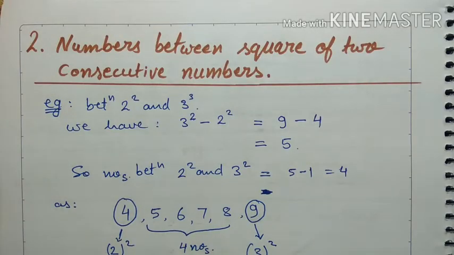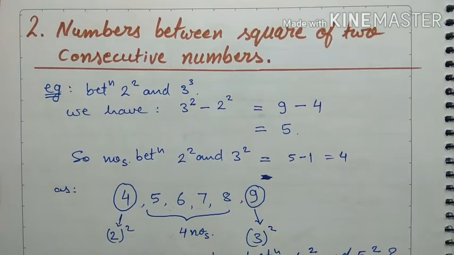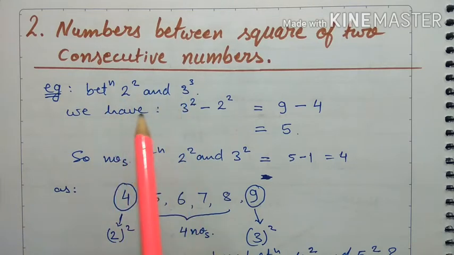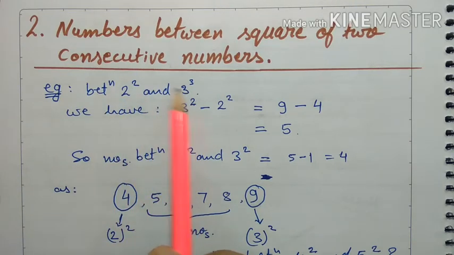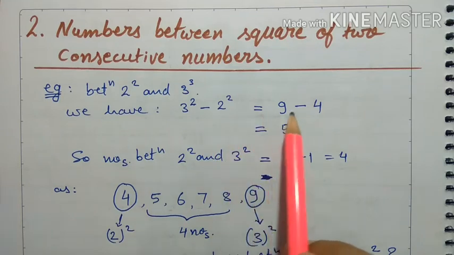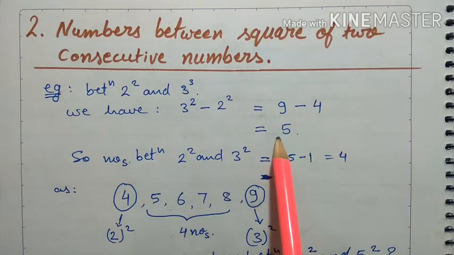This is the second pattern: the numbers between the squares of two consecutive numbers. Before starting this, let's take one example. How many numbers are there between 2 square and 3 square, which are two consecutive squares? We simply subtract 3 square minus 2 square to find the difference first: 9 minus 4, which is equal to 5.